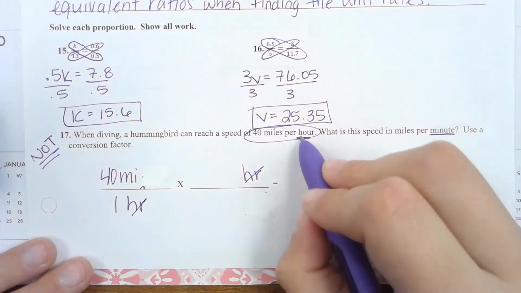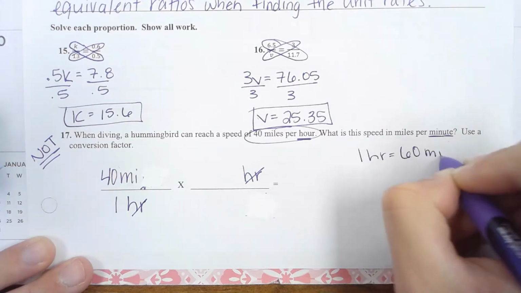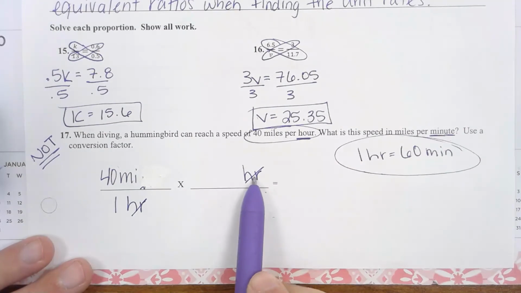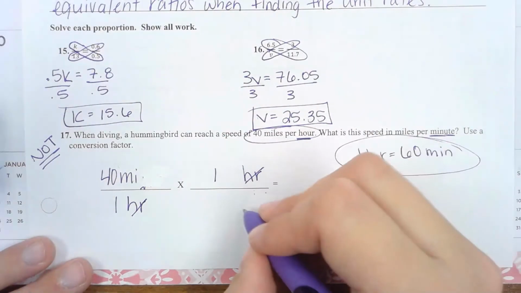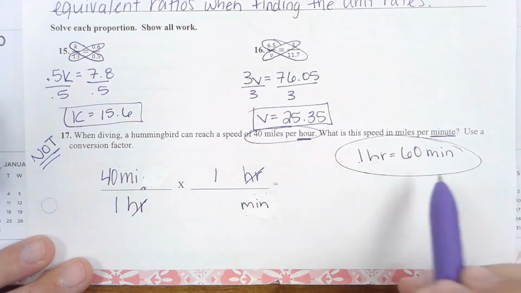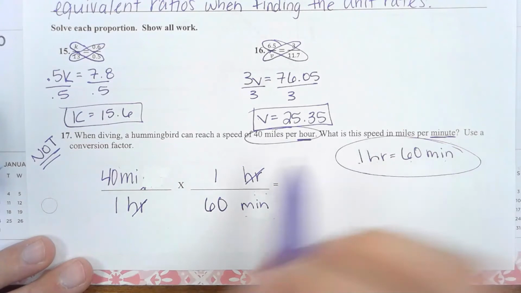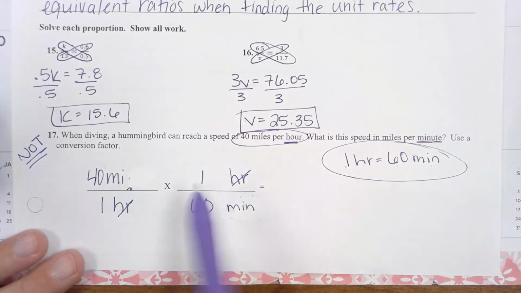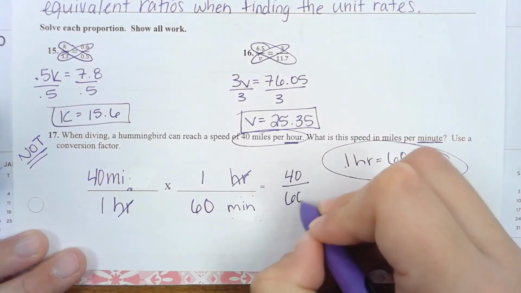So now that I have hours canceled out, I need my conversion. So if we're trying to go from hours to minutes, I know that there are 60 minutes in an hour. So I'm going to set this up as a fraction over here. So hours was on top, 1 was talking about hours, and if I'm trying to change this to minutes, 60 was talking about minutes, so that's in my denominator. And then now I can just multiply across. So 40 times 1 is 40. 1 times 60 is 60.